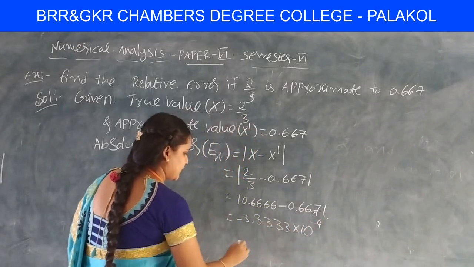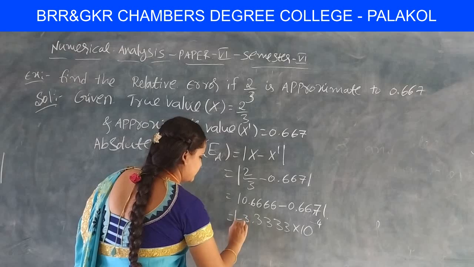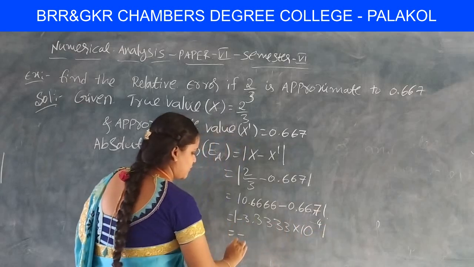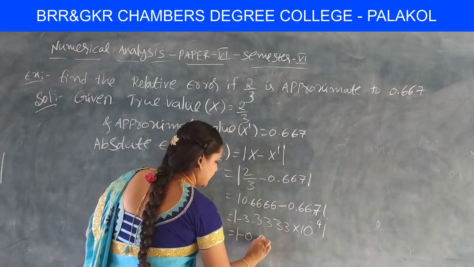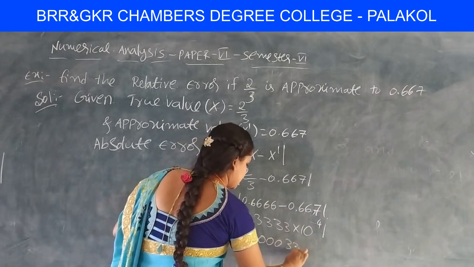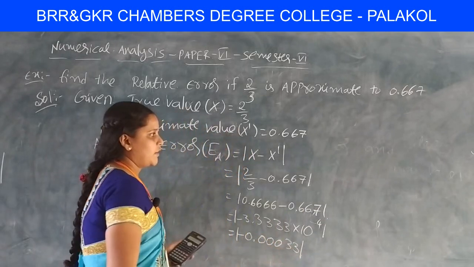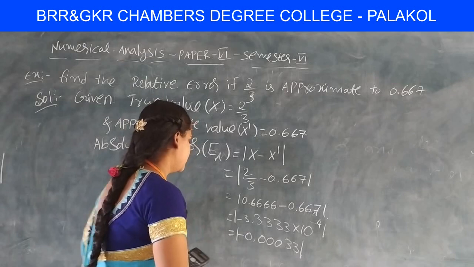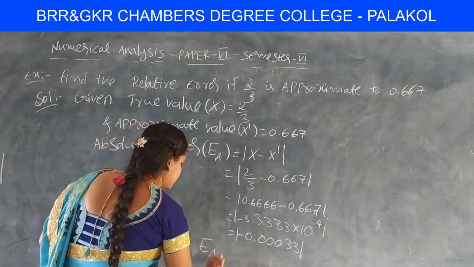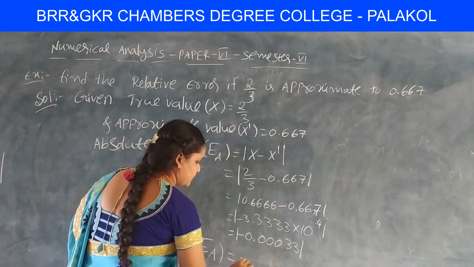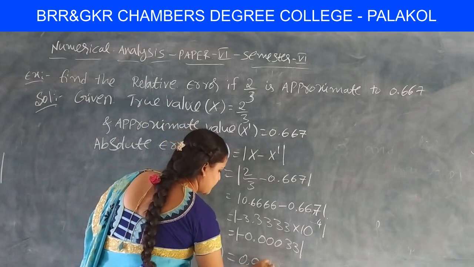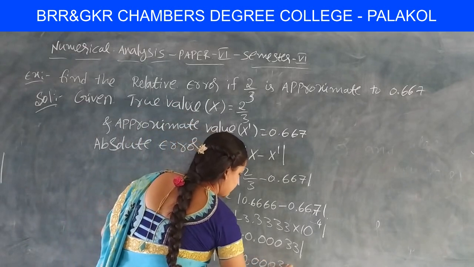Taking the modulus, the value is 0.00033. The modulus of a value is always positive. So capital EA is equal to 0.00033.